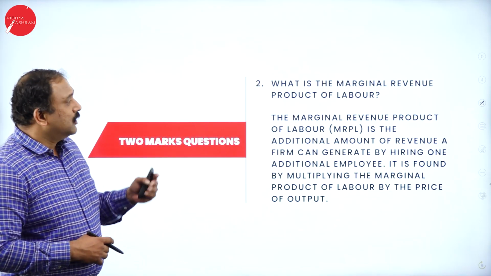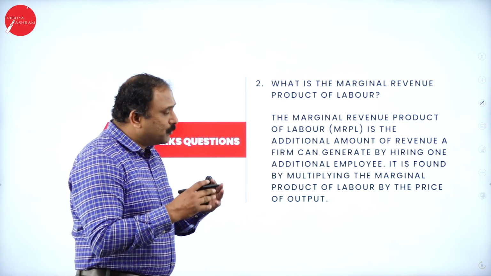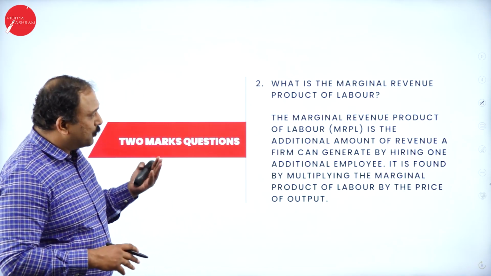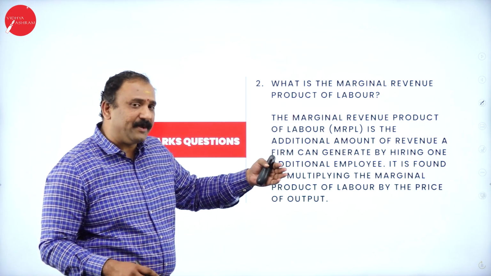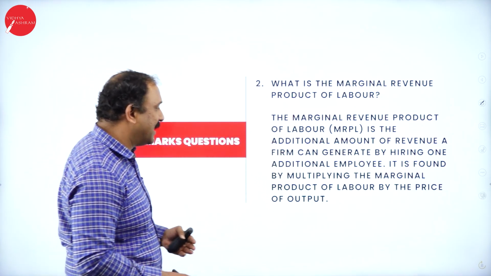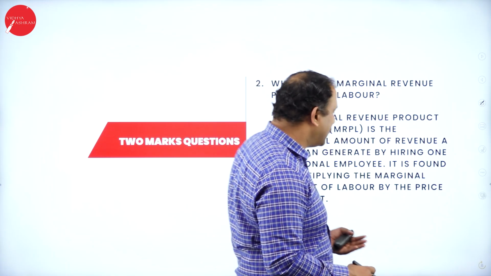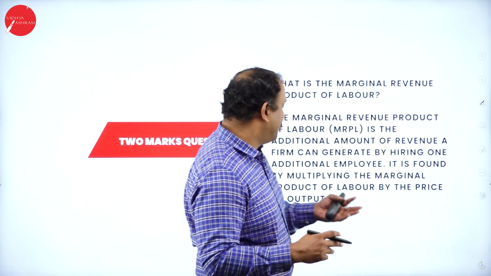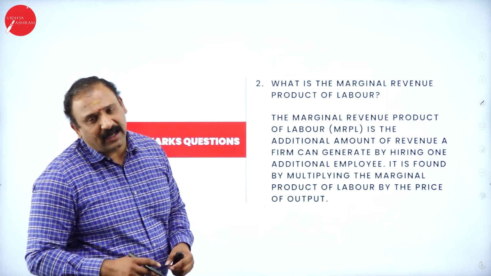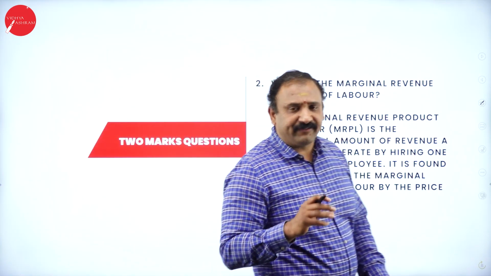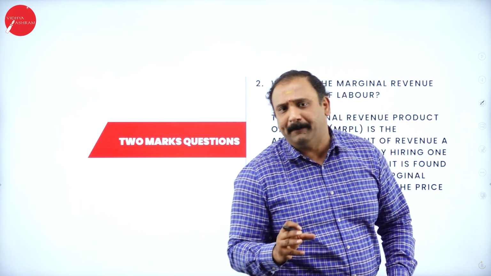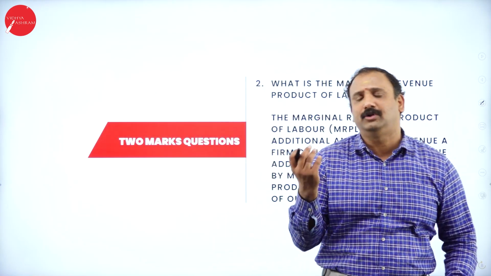Followed by, what is the marginal revenue product of labor? Look at the word itself. It is the additional amount of revenue that a firm can generate by hiring one additional employee. It is found by multiplying the marginal product of labor by the price of the output. Now, what happens in industries these days is that they find that by adding employees, you can also add to the revenue.